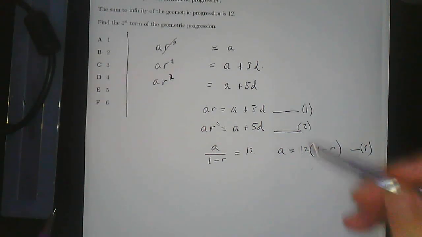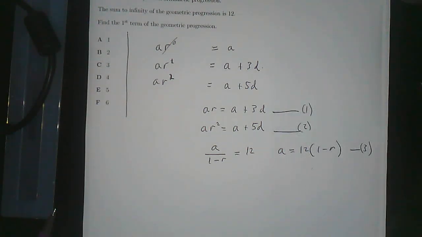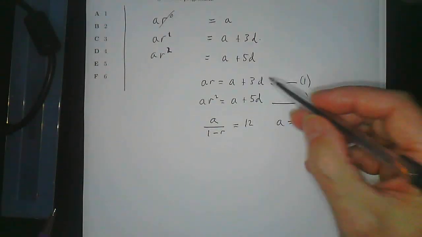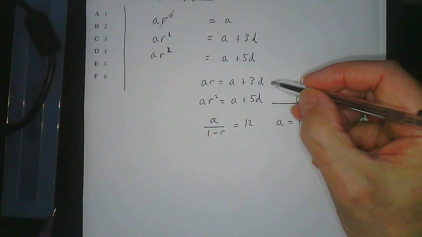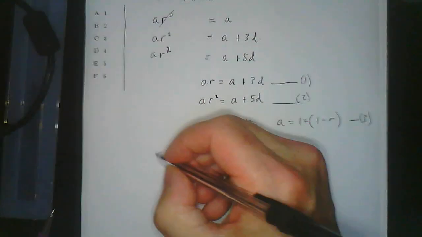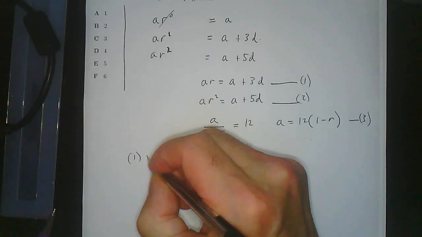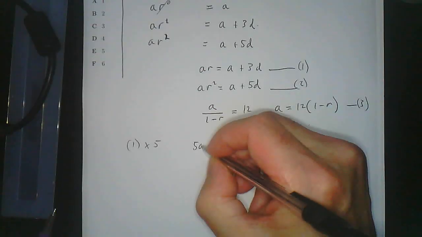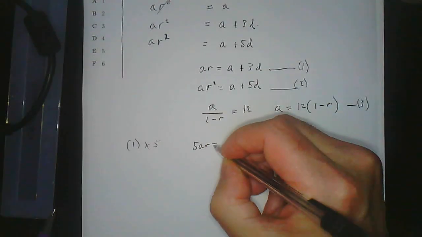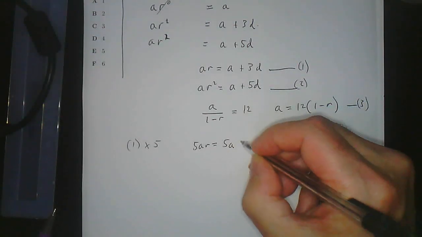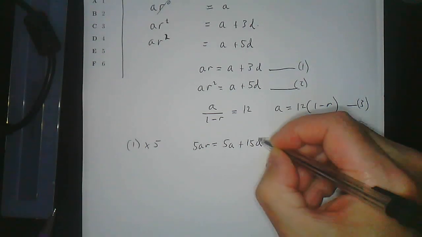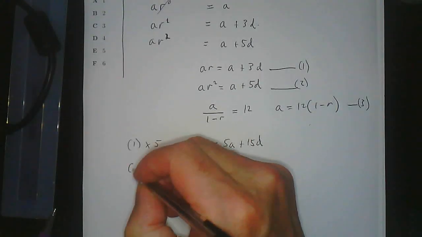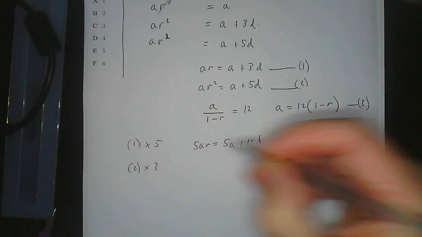Okay, so it seems reasonable then to take the first two equations and try and eliminate D. We can do that by multiplying the first one by 5. If we do that, we're going to get 5AR equals 5A plus 15D. Take the second one and multiply it by 3.